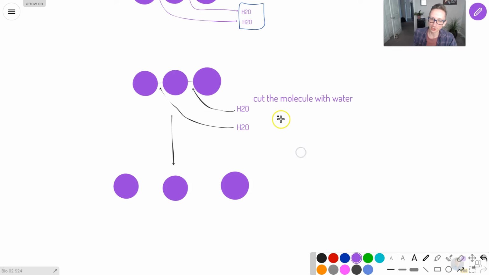A word for cutting in biology is lysis. Lysis means cutting. And we cut it with water. This is hydrolysis. It's water cutting.